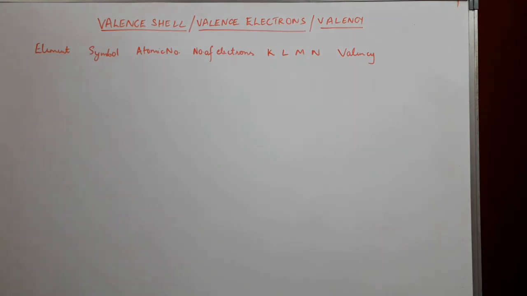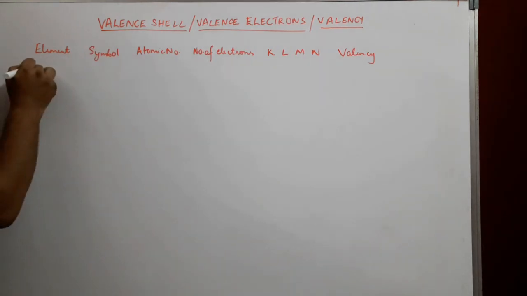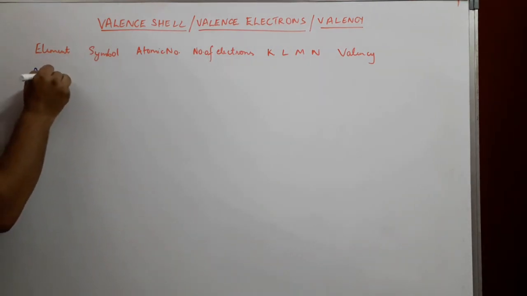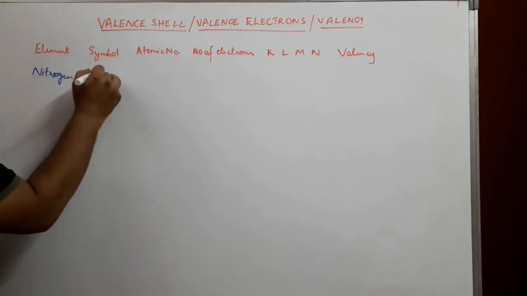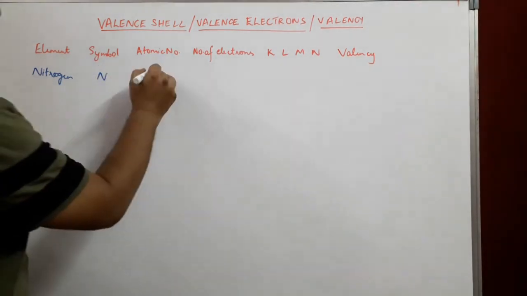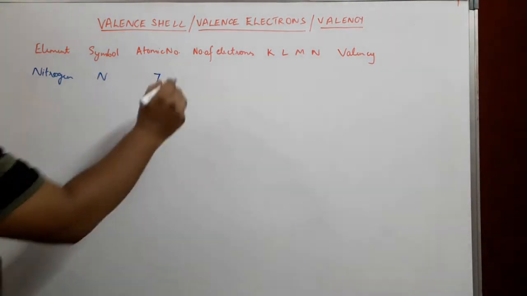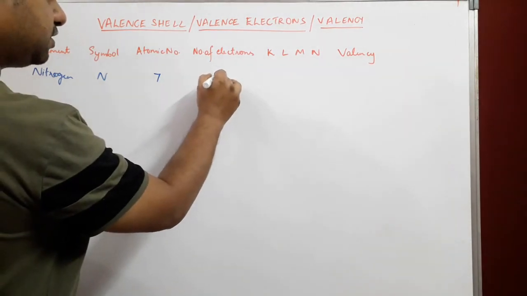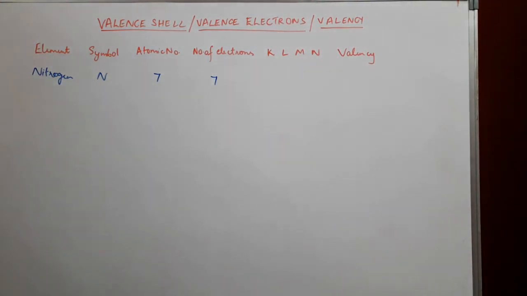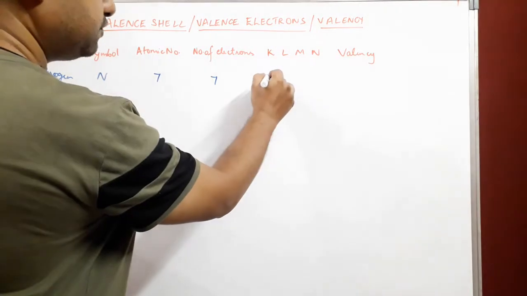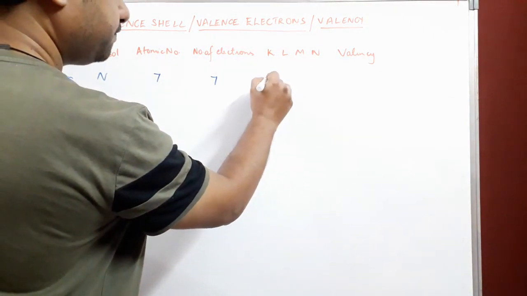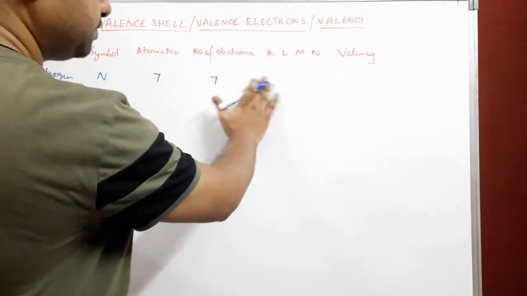Our next element is nitrogen. Symbol is N, atomic number is 7. So that means the number of electrons nitrogen has is 7. First 2 will go in the first shell, that is the K shell. Put it over here.